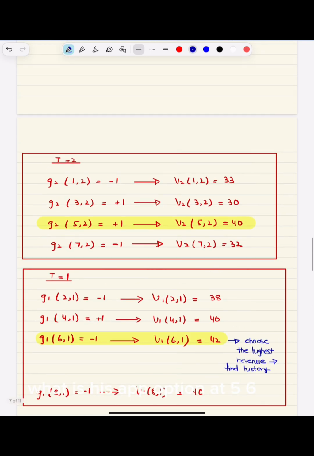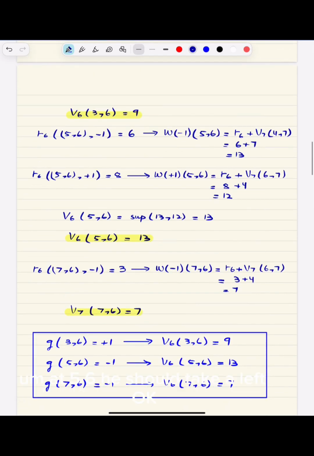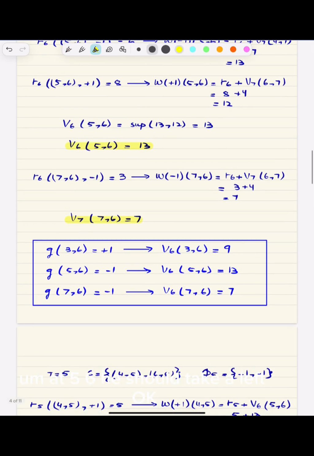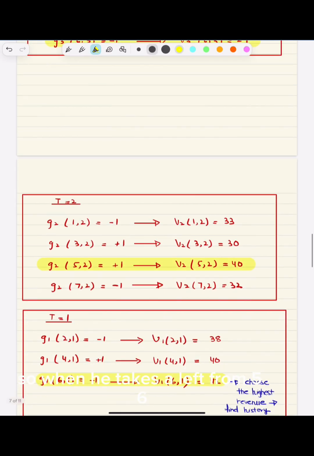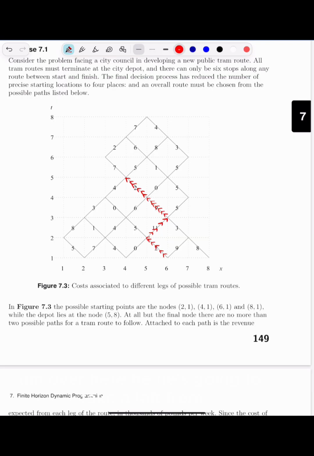What is his option at 5, 6? At 5, 6, he should take a left. Okay, so when he takes a left from 5, 6, over here he's going to take a left from 5, 6.